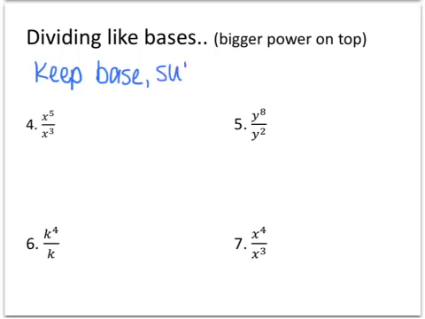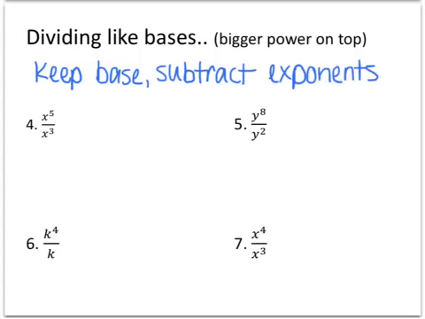And you subtract the exponents. It says in parentheses, bigger power on top. Well, look at all of these, 4 through 7. The higher power is on top. What was another word that we used for the word exponent or power?